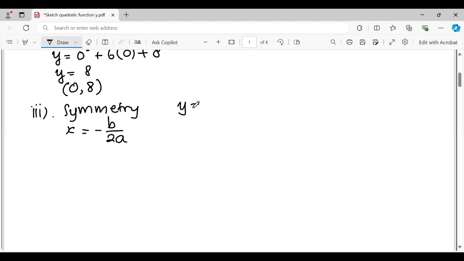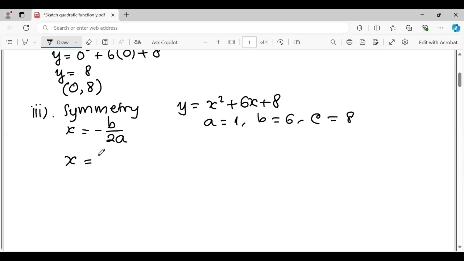Recall the function y equals x squared plus 6x plus 8, so a equals 1, b equals 6, and c equals 8. Substituting into this formula, x equals minus 6 over 2 multiplied by 1. So x equals minus 3. This is the equation for symmetry.